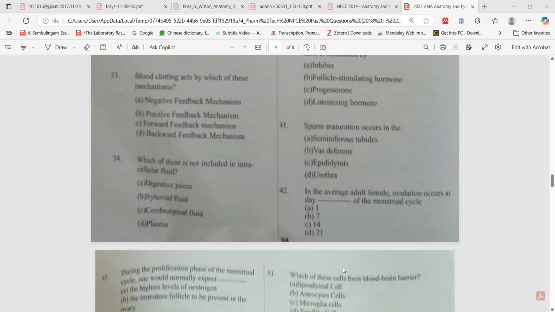Intracellular fluid is the cytosol. Plasma is extracellular. All these other ones too are a division of the extracellular fluid that we call transcellular. Synovial fluid is transcellular, and cerebrospinal fluid is transcellular. So none of these qualifies as intracellular, so the question doesn't make sense.